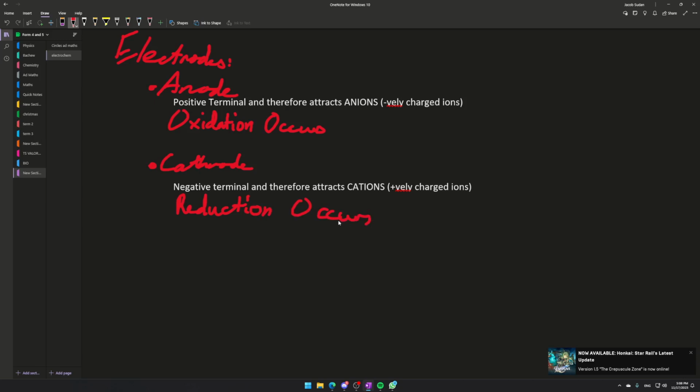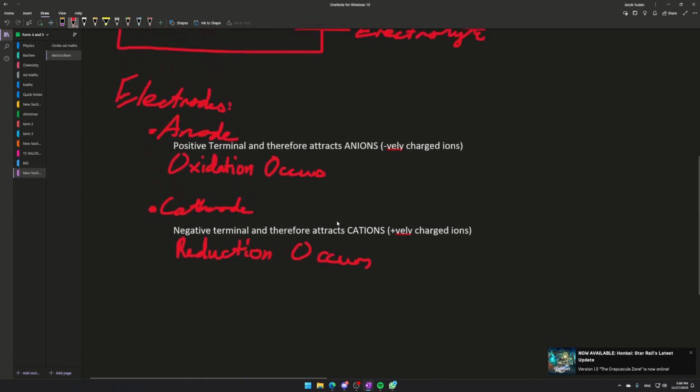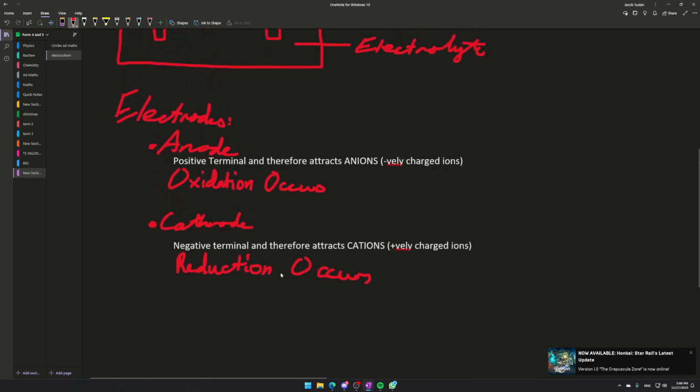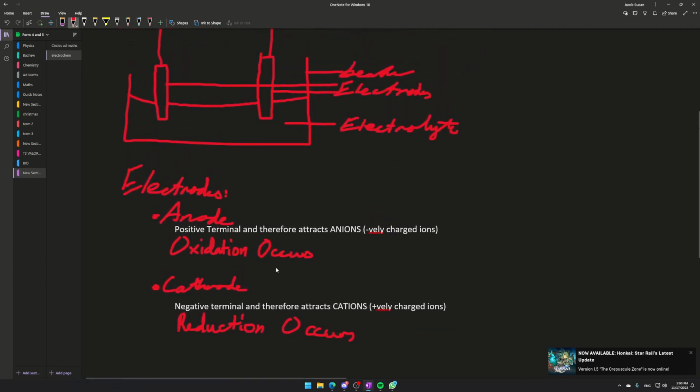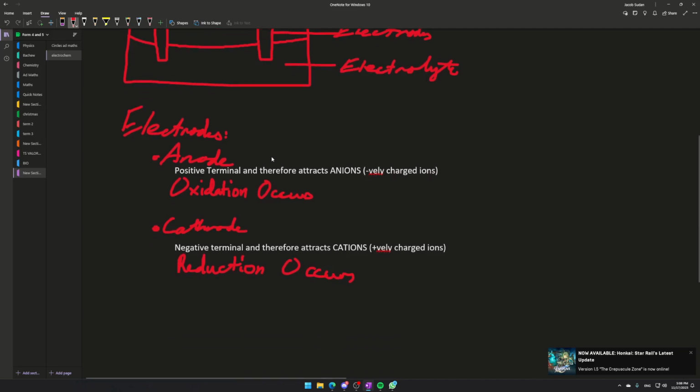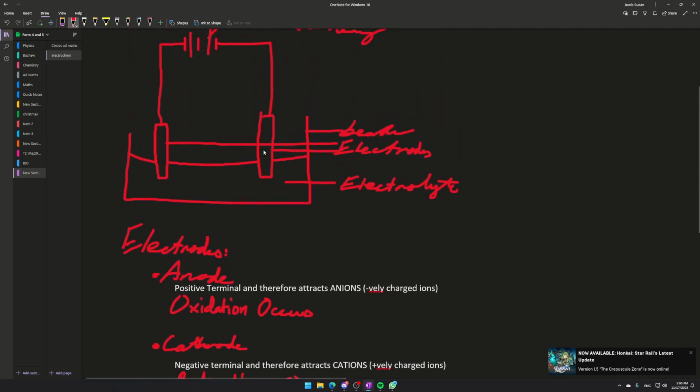So another thing to prove that the oxidation and reduction occurs: electricity flows from the anode to the cathode. So let's say if this was the anode, so I'll put positive, negative.